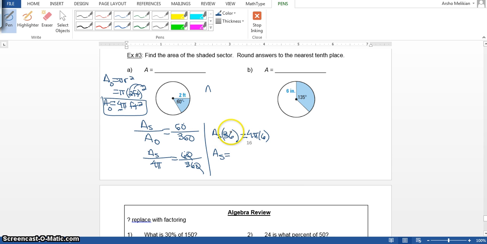So area of the sector is 240 pi over 360. Okay, so here I have 4 times 60, and I divide it by 360. So let's do that again. Let's go back here and simplify this some more.